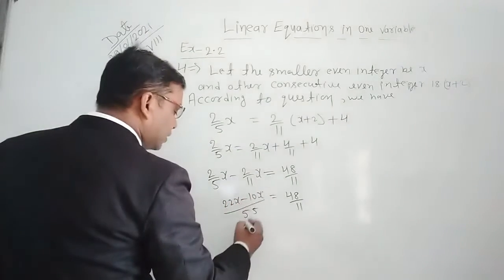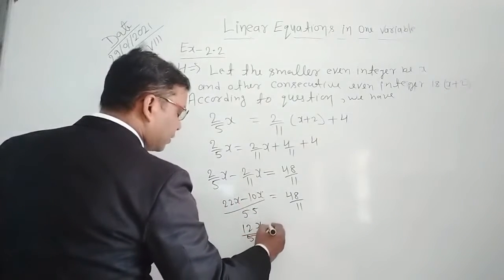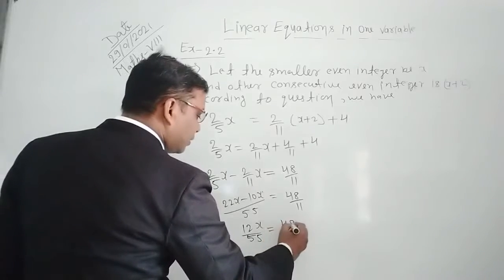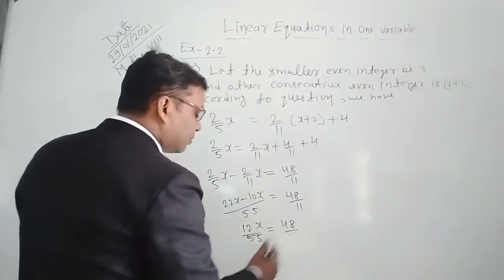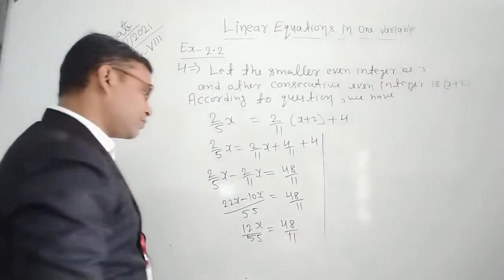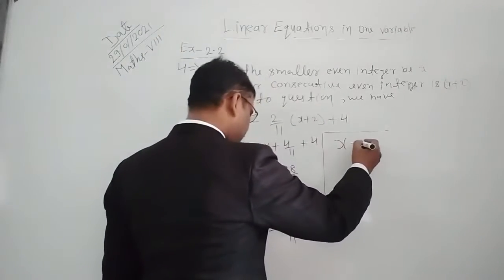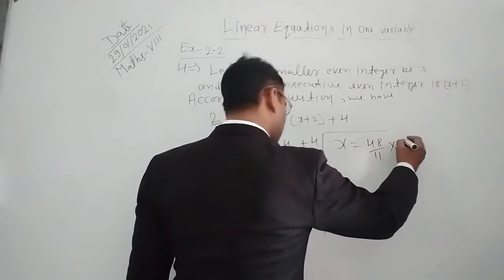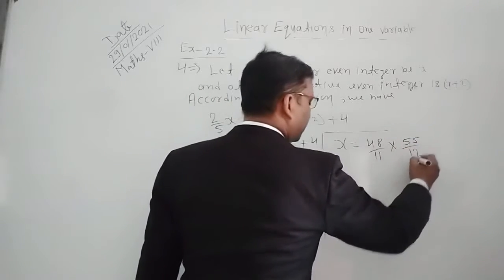22 minus 10 is equal to 12, so 12x by 55 is equal to 48 by 11. Now x is equal to 48 by 11 into 55 by 12.